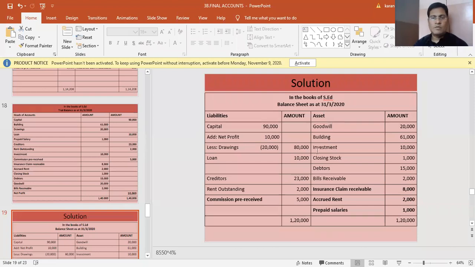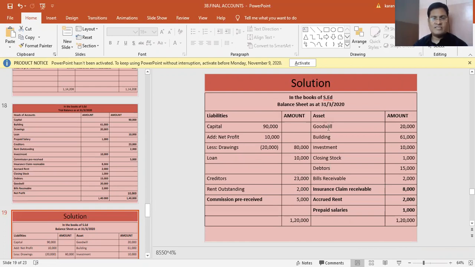So we have our creditors 23,000, then insurance claim receivable 8,000. Insurance claim receivable is an asset, 8,000. Then this 5,000 over there, commission pre-received. Then rent outstanding is 2,000 given in the trial balance.